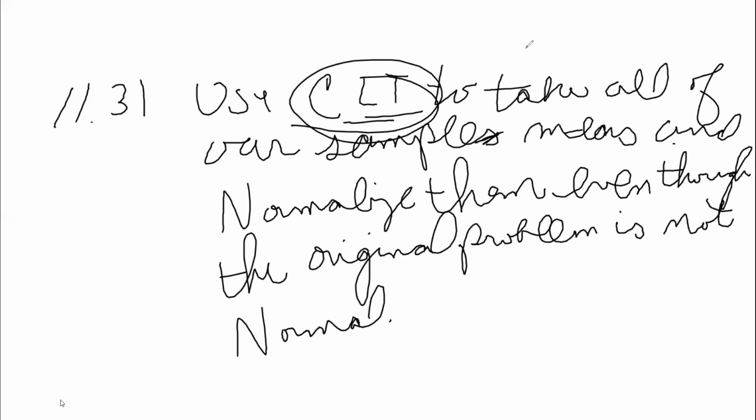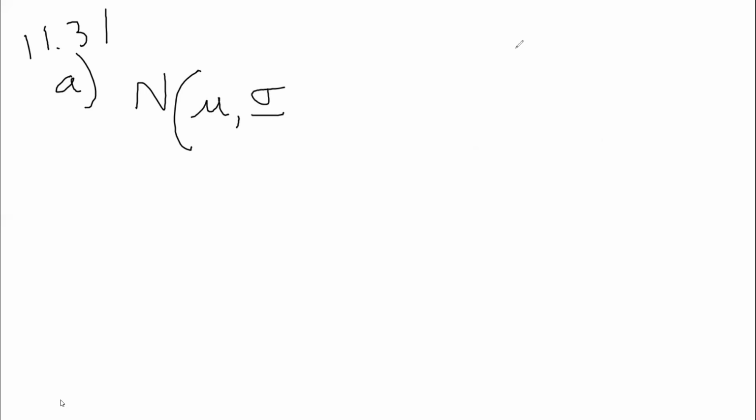So now we're going to go on. Here's our equation again. This is 1131 part A. We have N, our central limit theorem. Mu is the mean. We take our standard deviation and divide by the square root of N. Mu is 2.2.